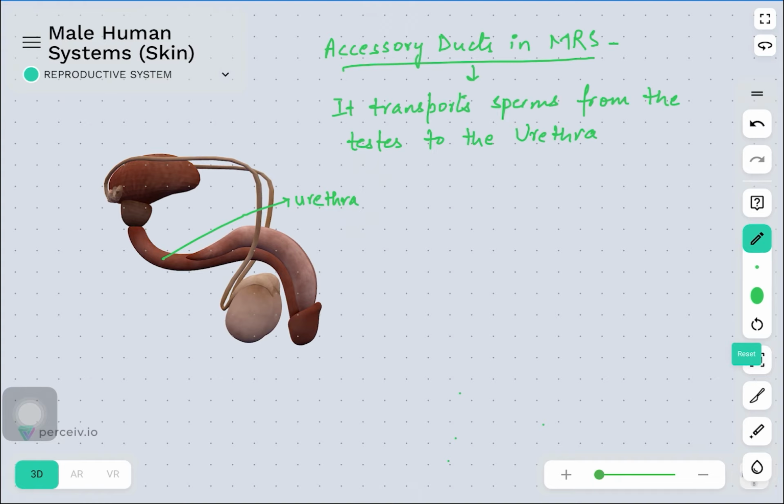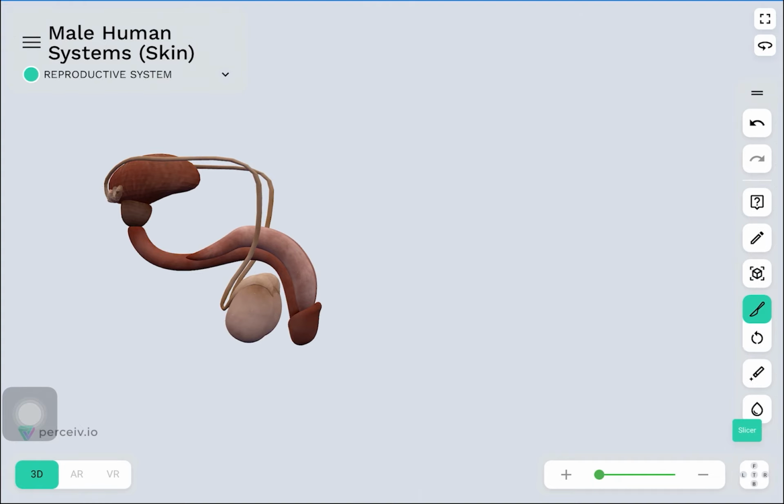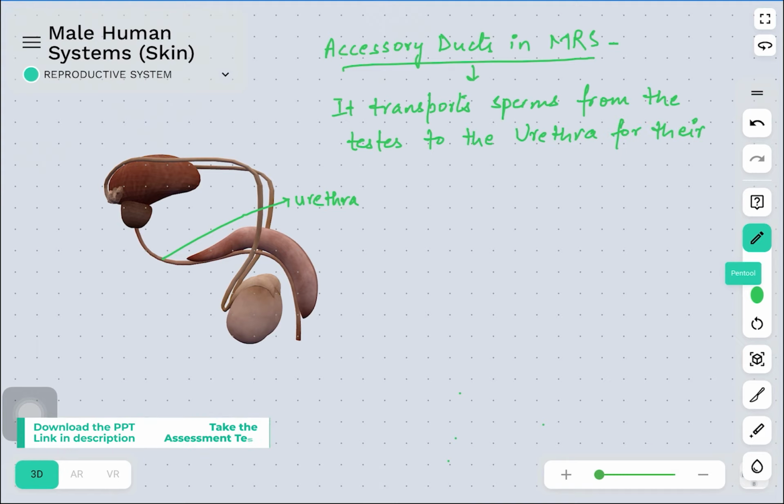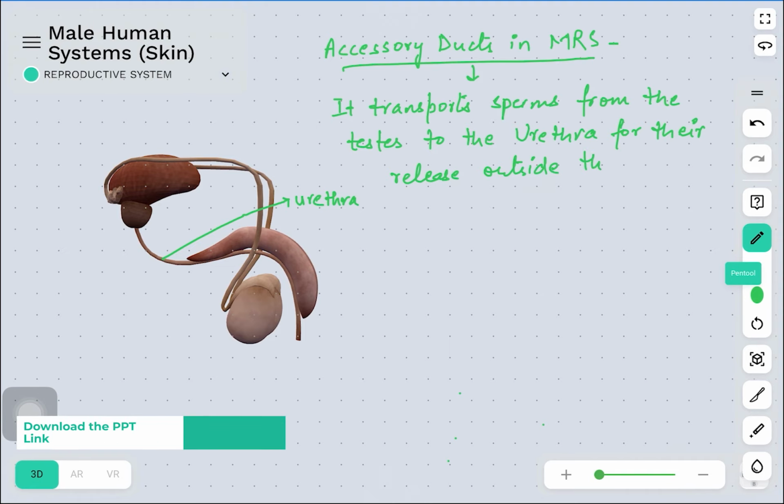Like if I'll just slice out this part like this. All right. So it will be more specific. So it will transport the sperms from the testis to the urethra, and that will ultimately be released outside the body. So for their release, outside the body.